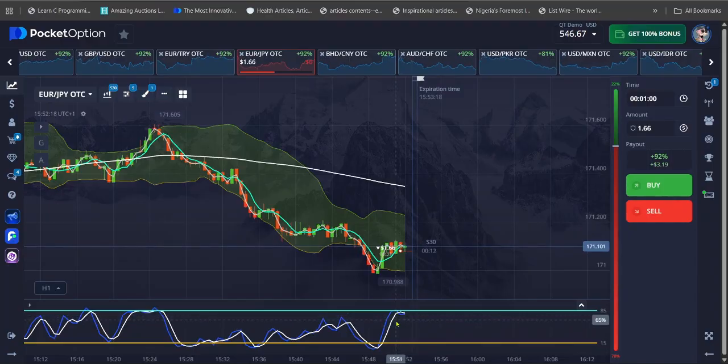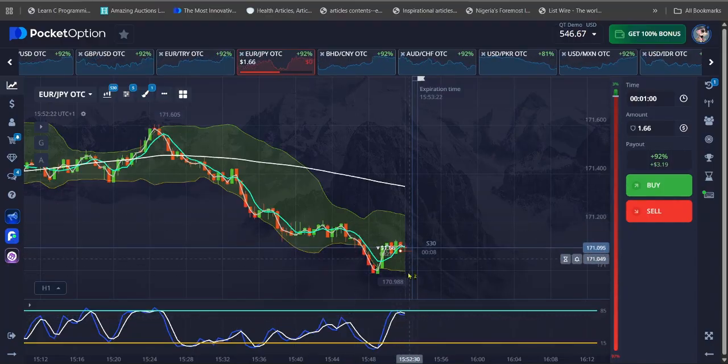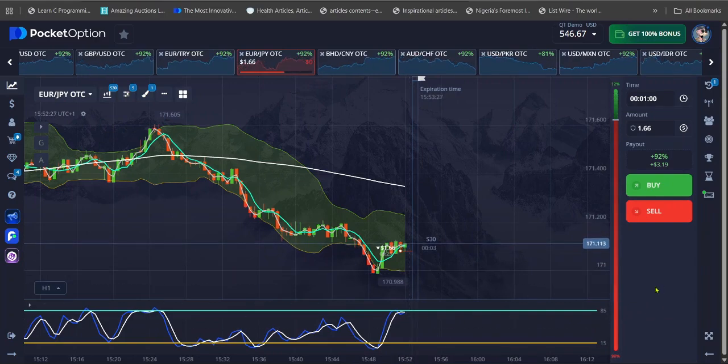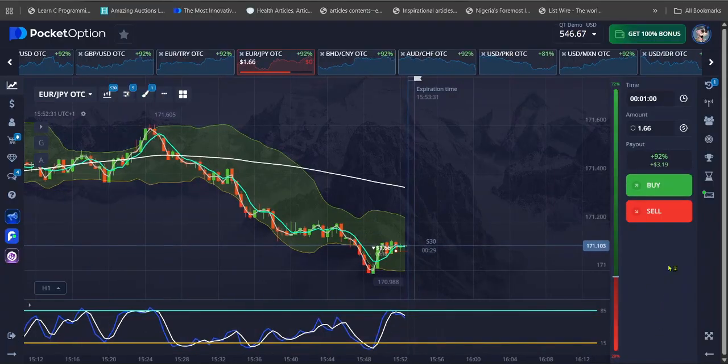It moves faster, so I'm expecting that it should drop, but let's watch and see if our trade comes in profit or loss. If we lose this one, we'll trade more.